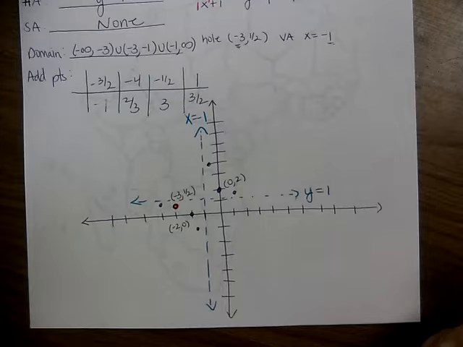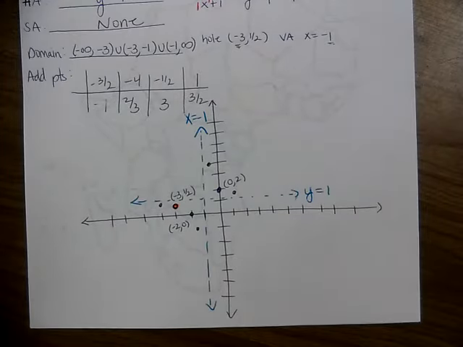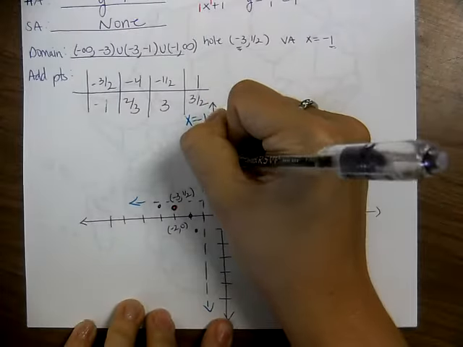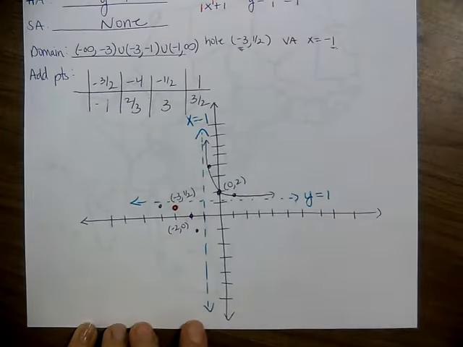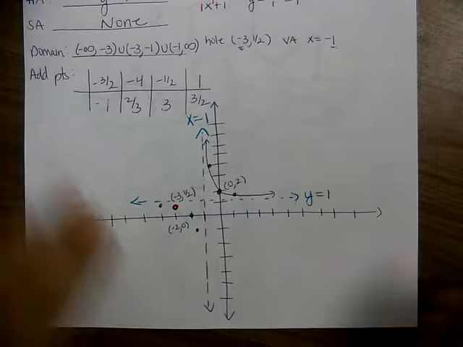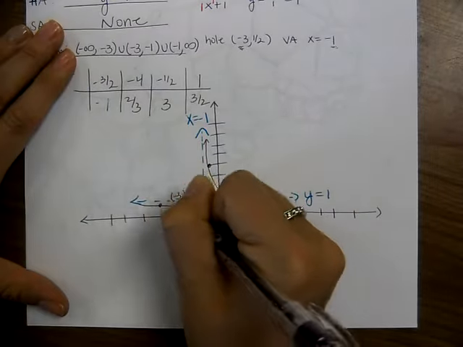Everything that we're graphing now is a curve, so there's no sharp points. It's going to approach the asymptotes, but it's not going to touch them. So watch how I draw in my graph.